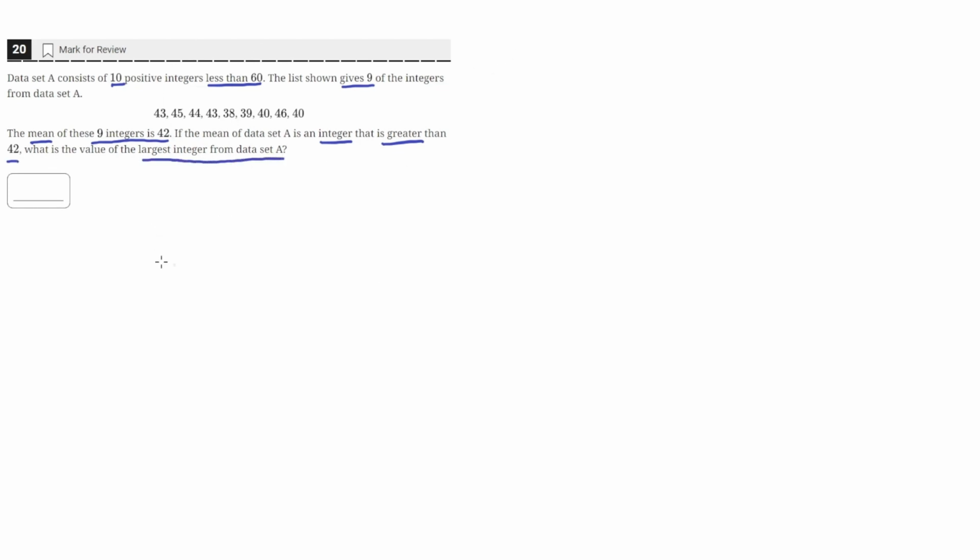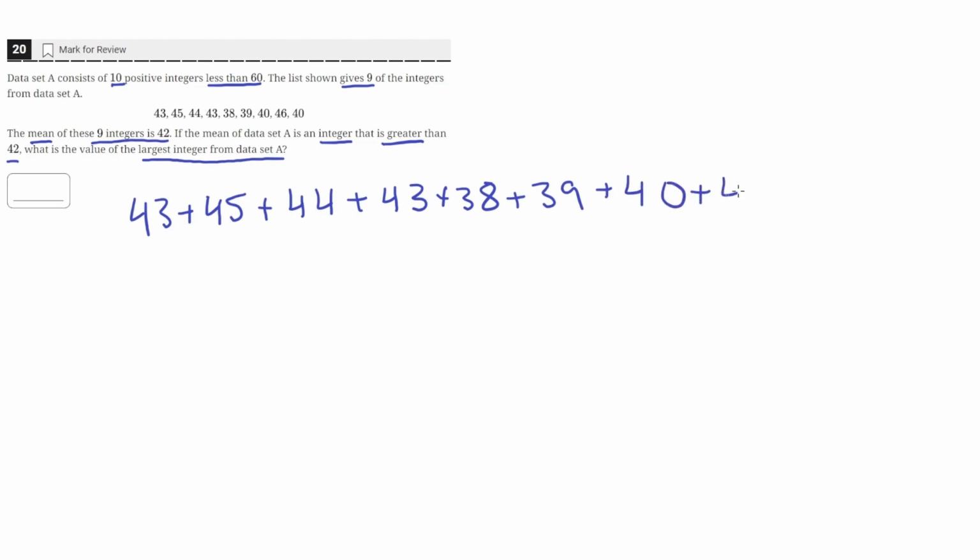So to find the mean of this dataset, we just add up all the terms, 43 plus 45 plus 44 plus 43 plus 38 plus 39 plus 40 plus 46 plus 40.